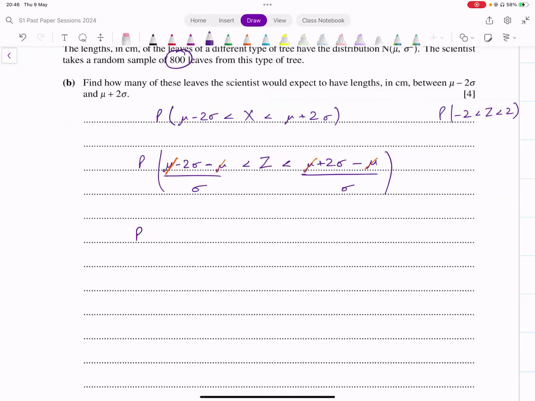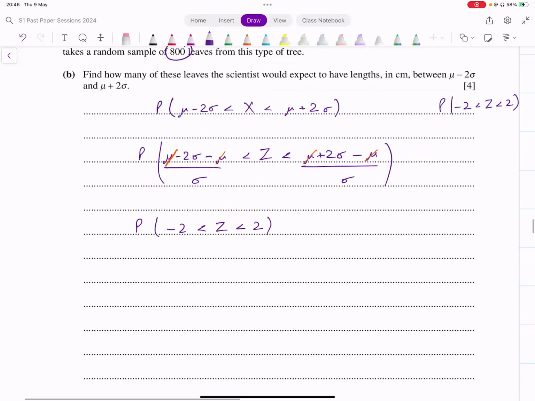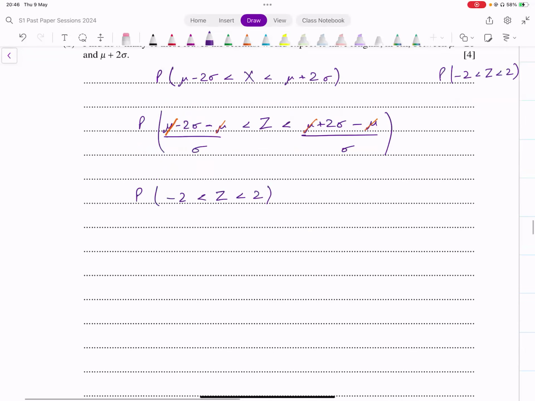Minus 2 sigma over sigma, that's minus 2. 2 sigma over sigma, that's 2. You get this thing at the end, right? This is the probability that you want to find out. Probability of z being between minus 2 and plus 2. This is what we have to find out.